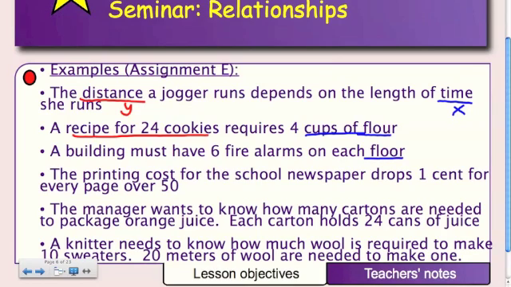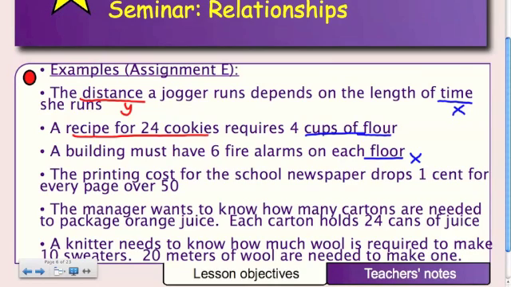This is going to be on my x-axis because no matter what, the building is going to have a certain number of floors. But the number of fire alarms is going to increase depending on each floor. If I was only plotting the graph for 4 floors, how many fire alarms would I have in total? 4 floors, 6 fire alarms on each floor.